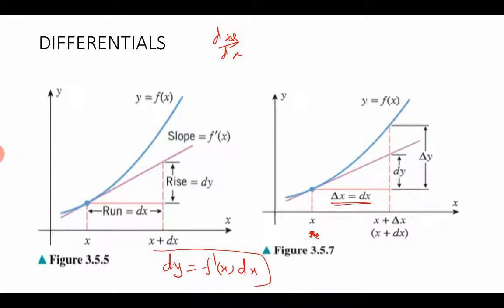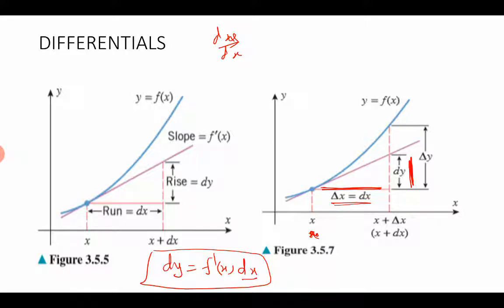You can say change in y is equal to change in x times the slope, isn't it? The differentials dy and dx can be viewed as a corresponding rise and run of the tangent line.